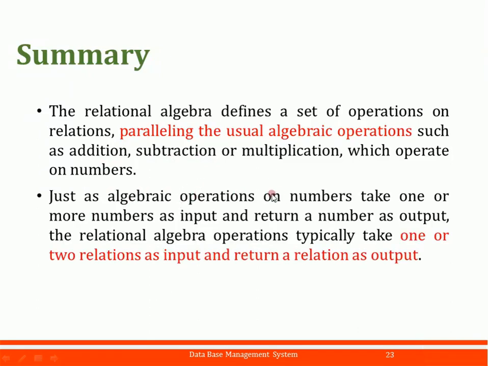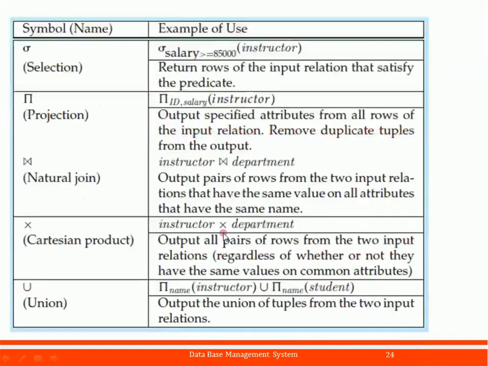Just as algebraic operations on numbers take one or more numbers as input and return a number as output, relational algebra operations also take one relation or two relations as input and return a single relation as output. So this is where relational algebra and the algebraic operations correlate. So this is a summary.